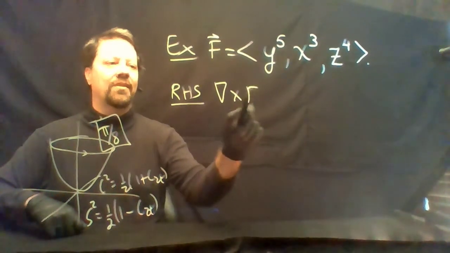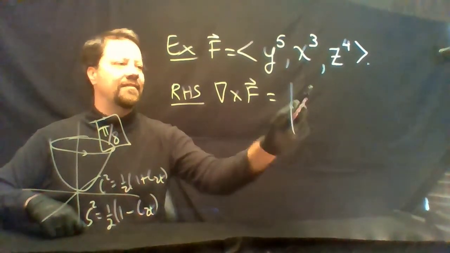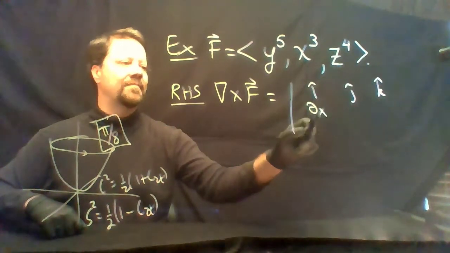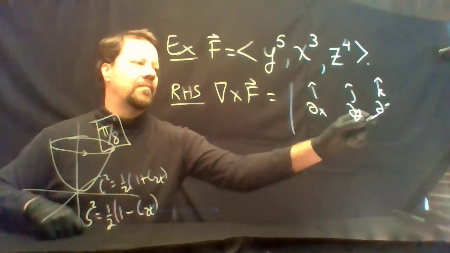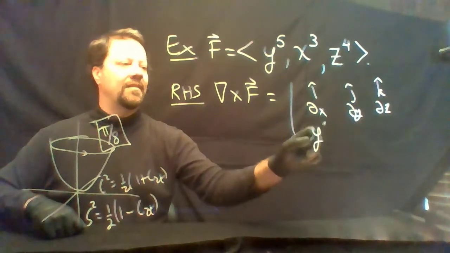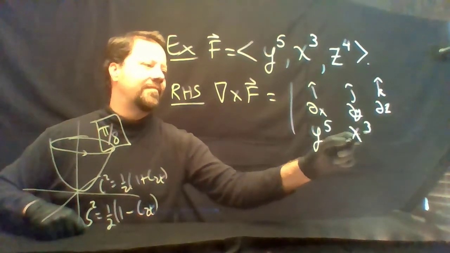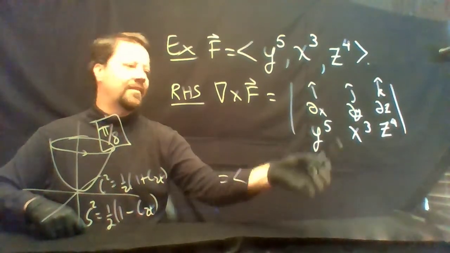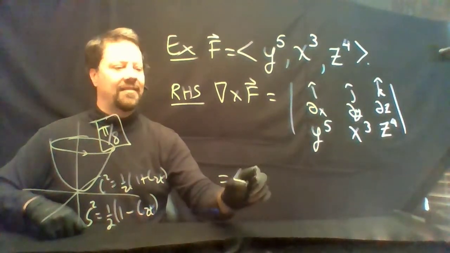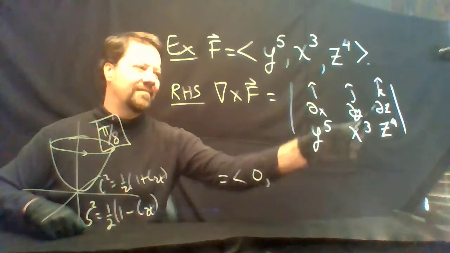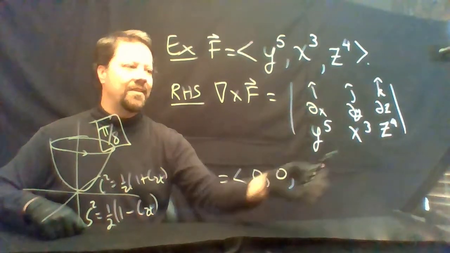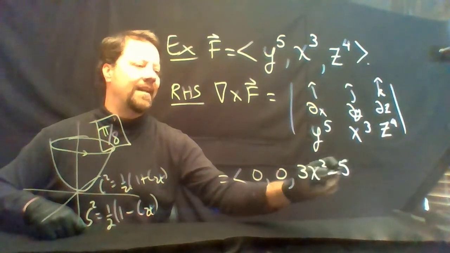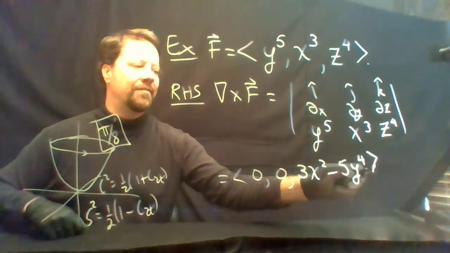On the right-hand side, let's calculate the curl of the vector field. We'll have 0, 0, and then 3x squared minus 5y to the 4th.